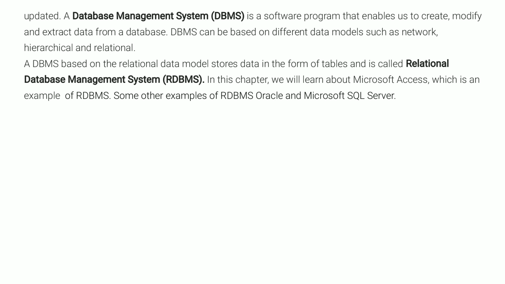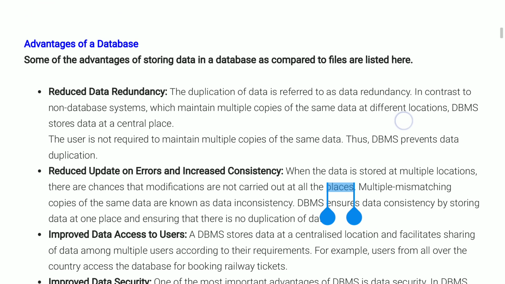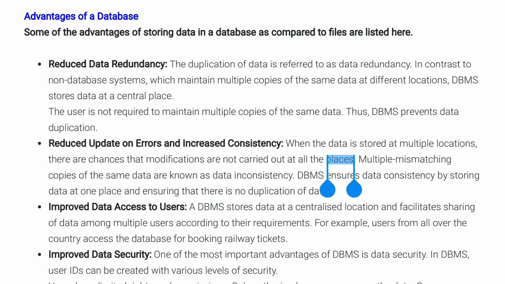Now, I am going to discuss the advantages of database. There are some advantages of database, because of which we use the database management system software. Data is stored in the form of records in tables within the database.